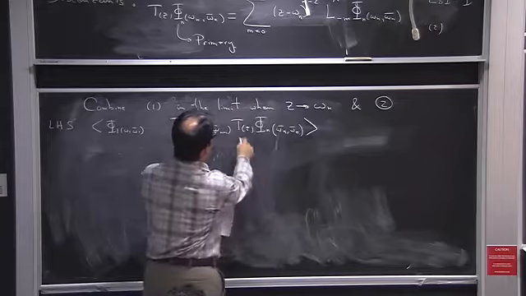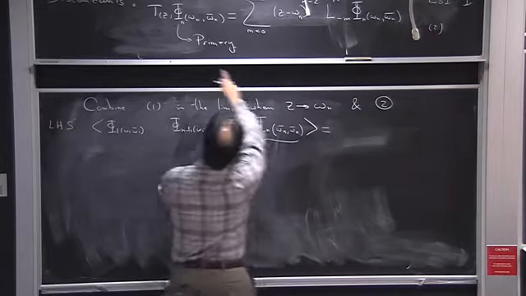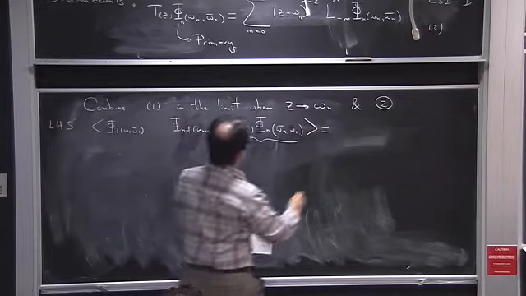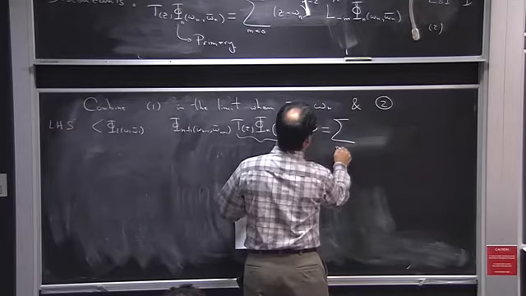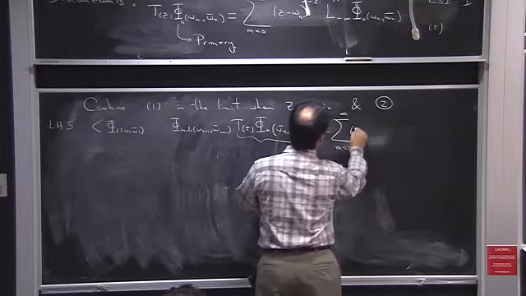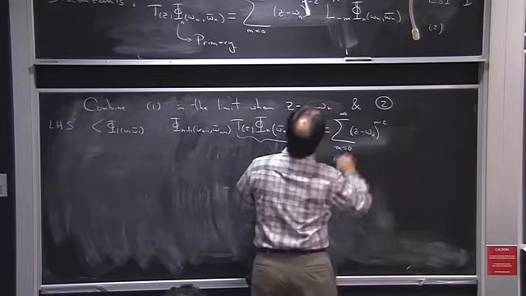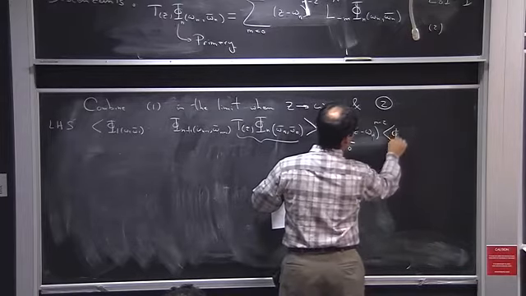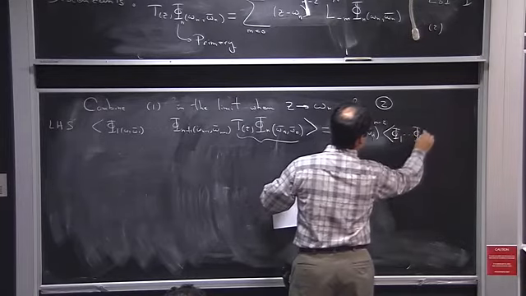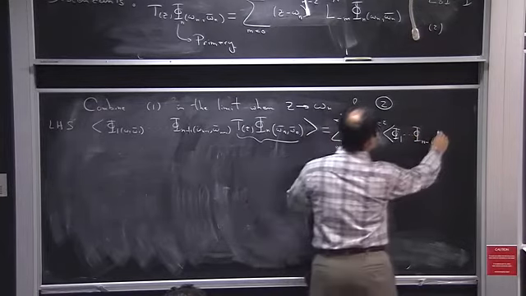And we can use the OPE that we described here to write this as a sum from m equal to 0 to infinity of (z minus w_n)^(m minus 2). And what we get here are correlation functions of phi's and descendants.